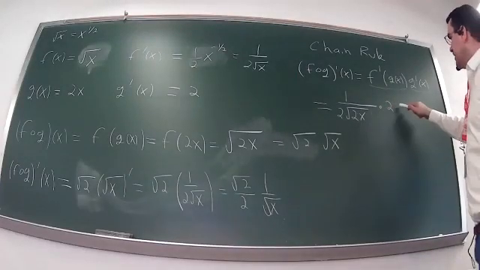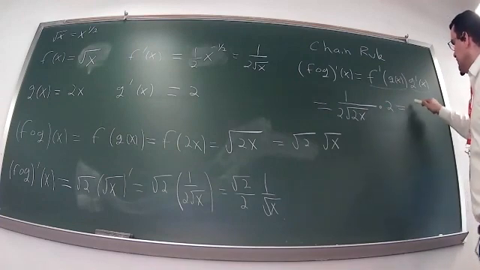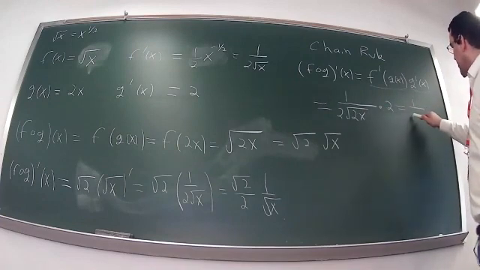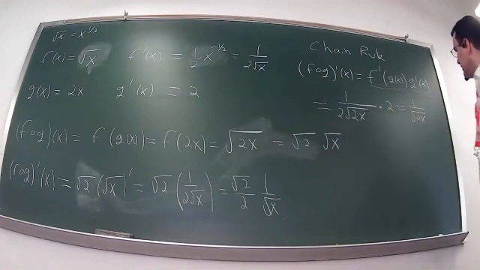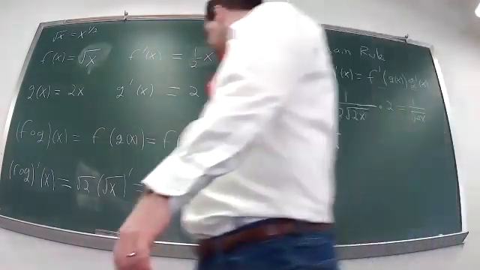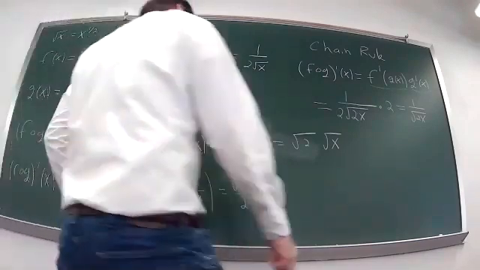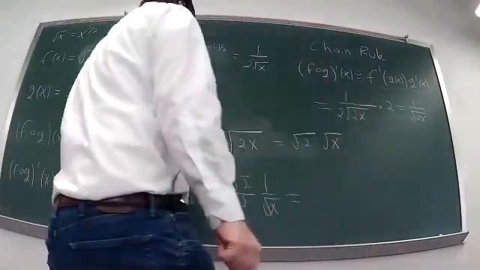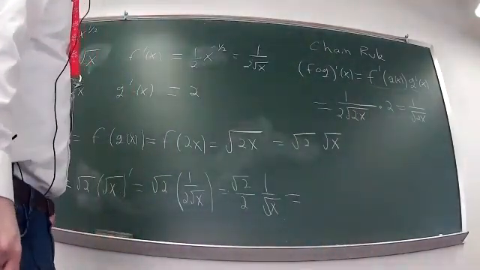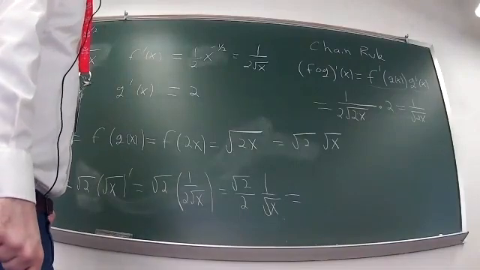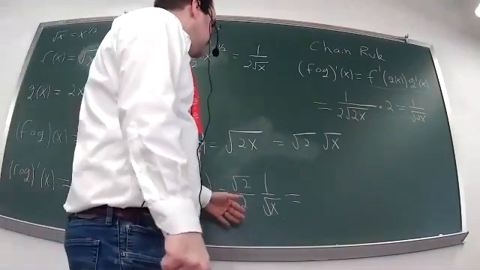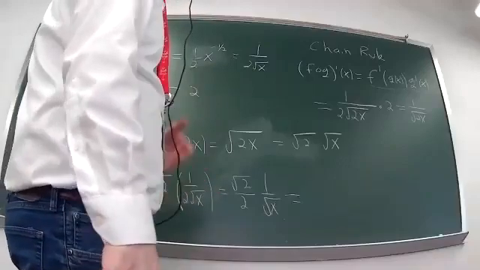And the 2's are going to cancel, and this is just going to give me 1 over square root of 2x. So, is that different? Is that really different? No, it's not, because root 2 over 2, what's that equal to? Well, 2 is equal to root 2 squared.